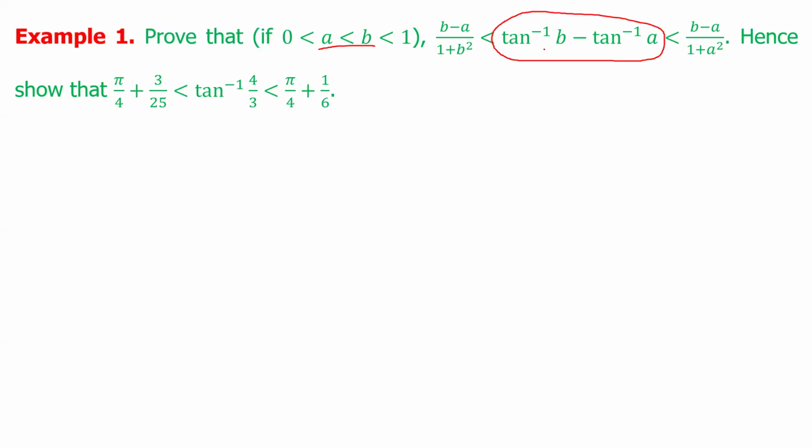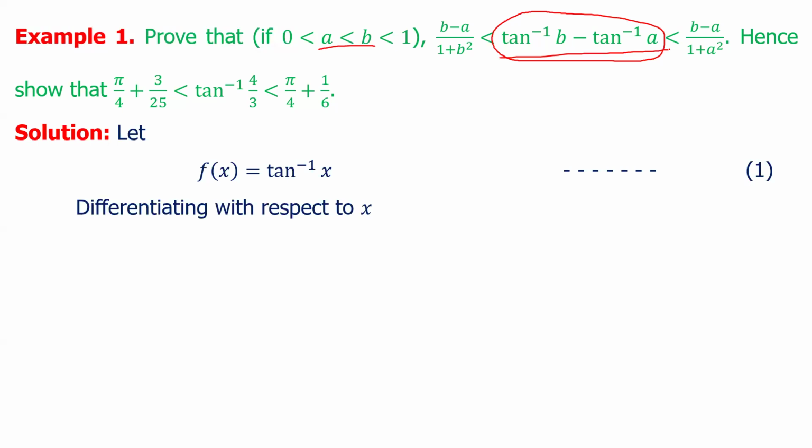So tan inverse of b minus tan inverse of a is the part of the values of the function at the upper limit as well as the lower limit. So let f(x) be equal to tan inverse of x. How are we able to recognize that f(x) is tan inverse of x? Because of this tan inverse of b minus tan inverse of a.